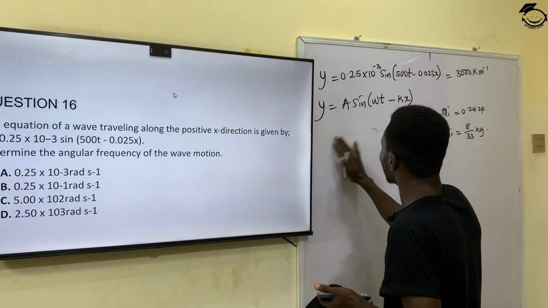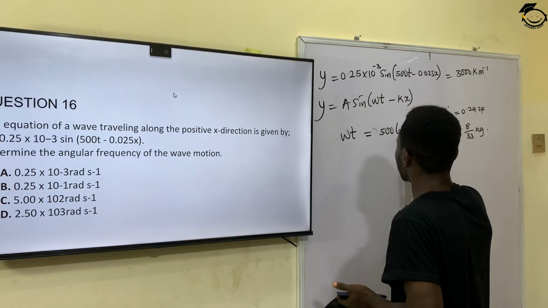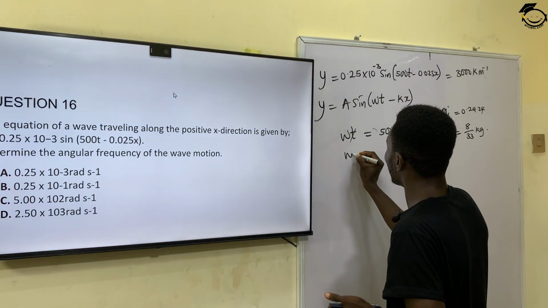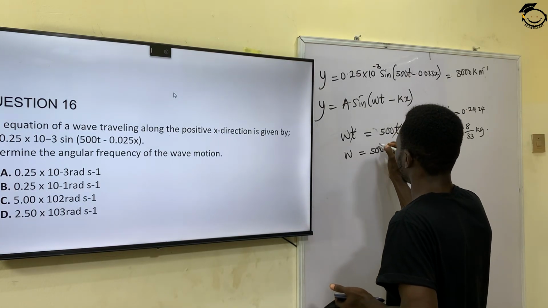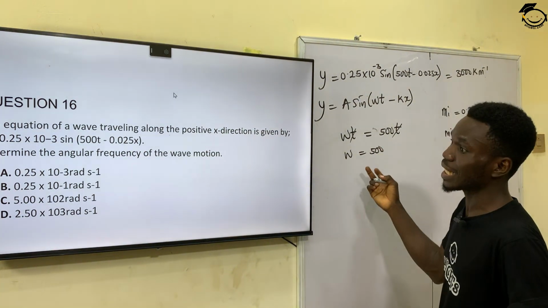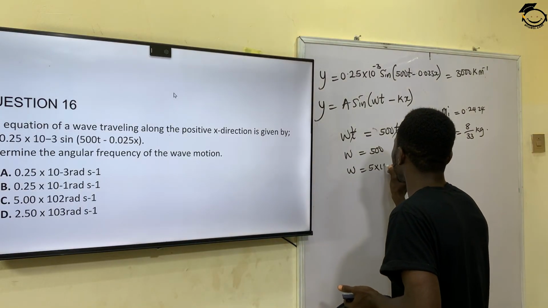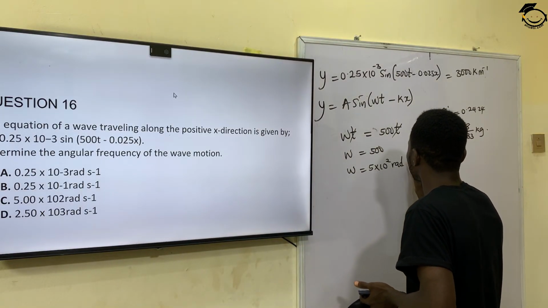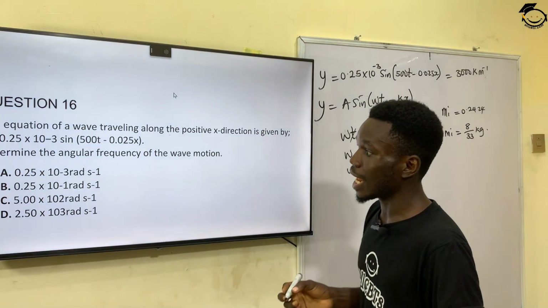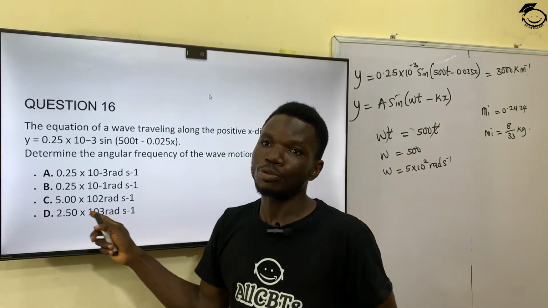Or you can simply say that omega t is equal to 500t. t will cancel out t, which means that omega is 500. But we are not stopping there, because we can put this in standard form, which is the same as saying that my omega is 5 times 10 raised to power 2 rad per second. So the correct answer is 5 times 10 raised to power 2 rad per second, and that is option C.